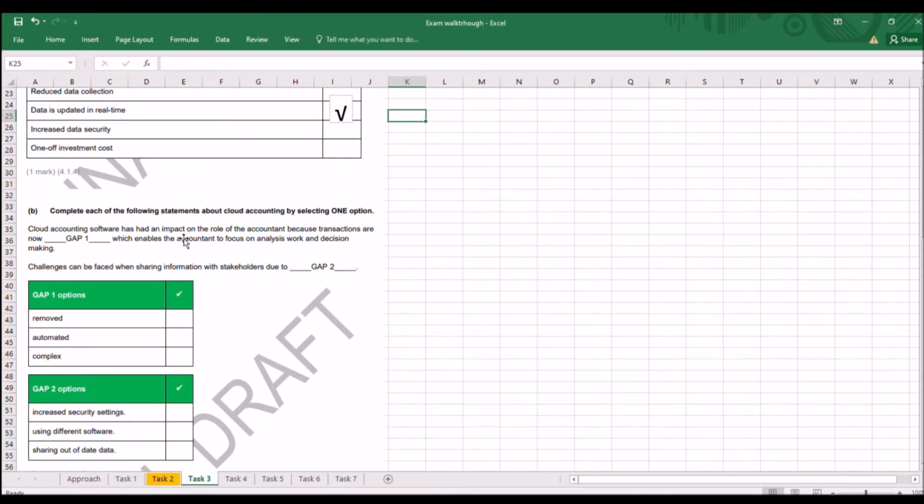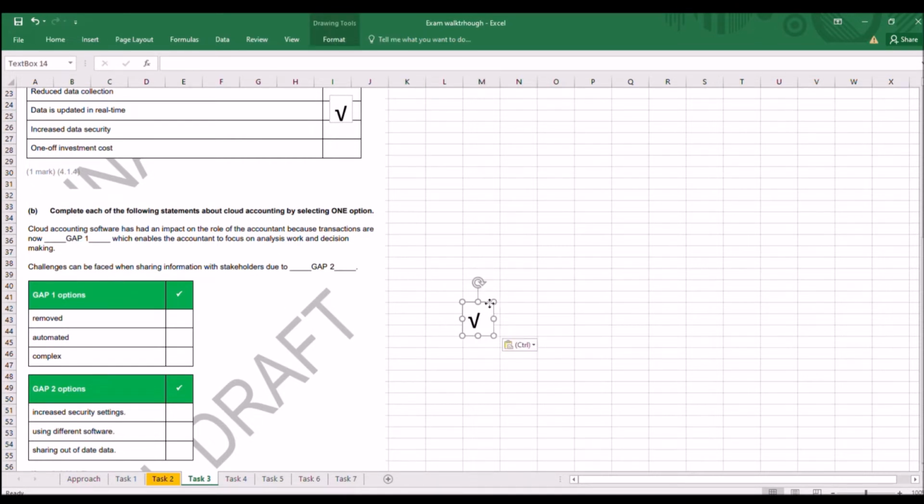Cloud accounting has an impact on the role of the accountant because transactions are now... We've got this one here, which enables the accountant to focus on analysis, work, and decision making. Well, that one, focus on analysis, work, and decision making, is automated. So, although you have this first preamble here, whenever you see focus on analysis, work, and decision making, you see an automation there, really.